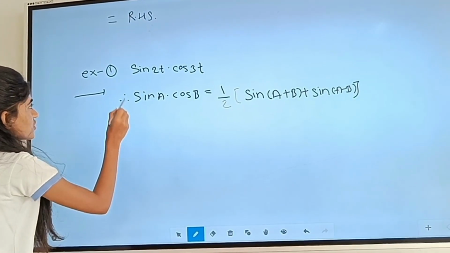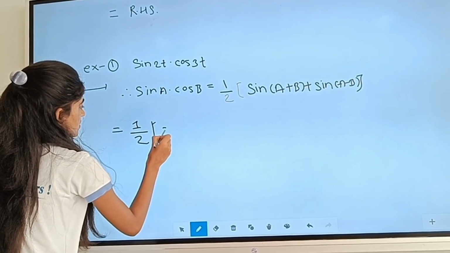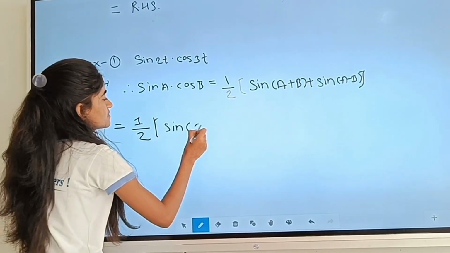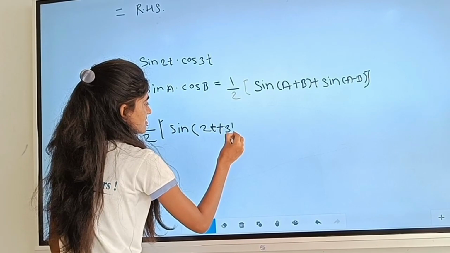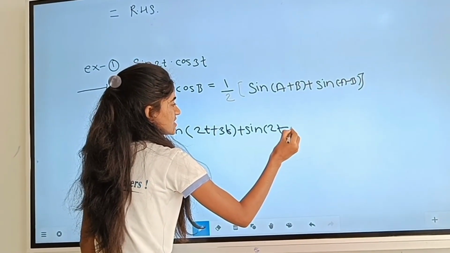So putting these values in this formula, 1/2 of sin(2t plus 3t) plus sin(2t minus 3t).